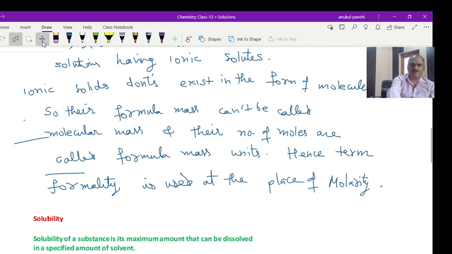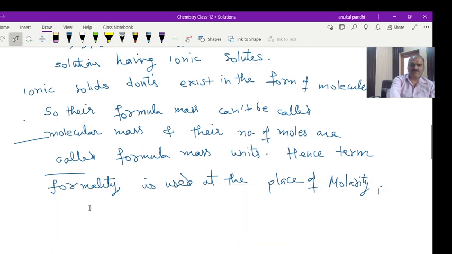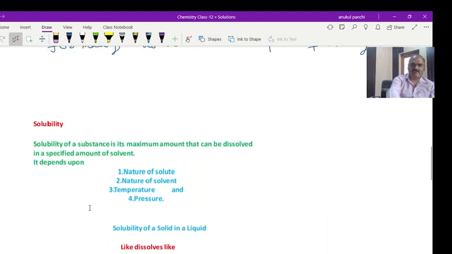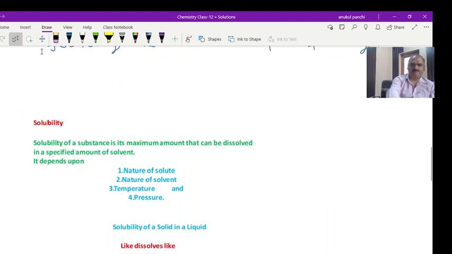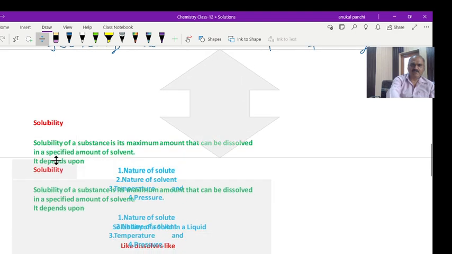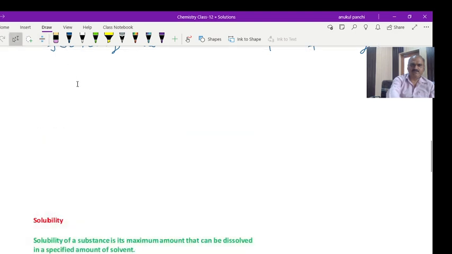Okay, now let us define it. If you get a 1 mark question to define formality, how will you define it? You can define it like this.